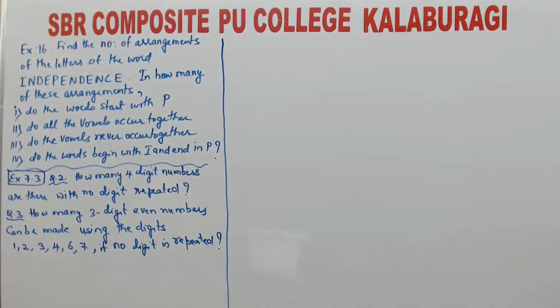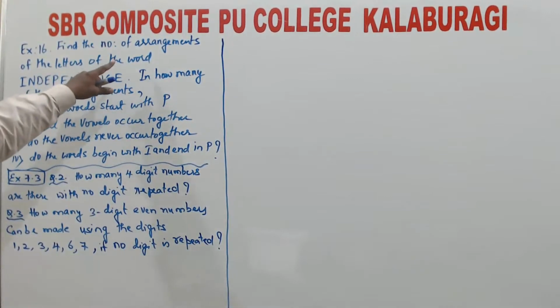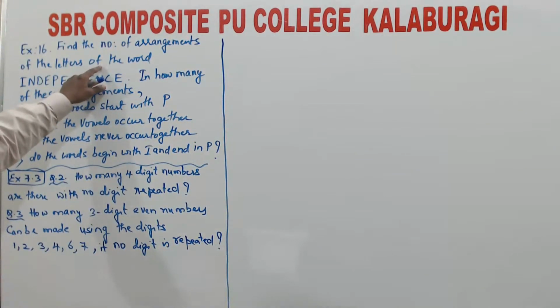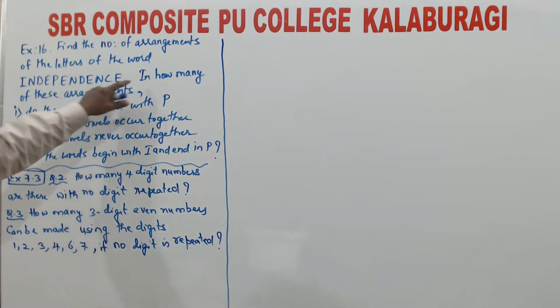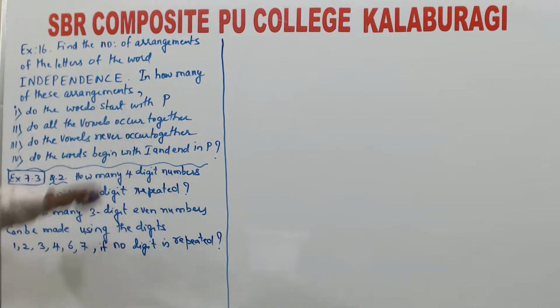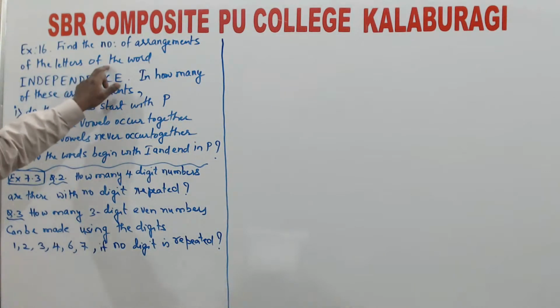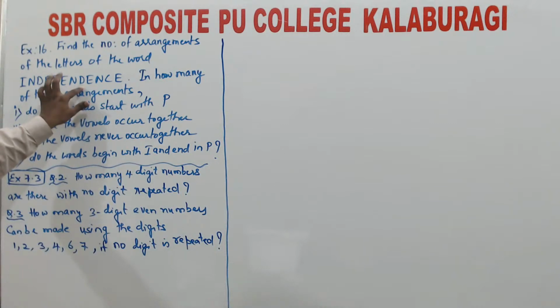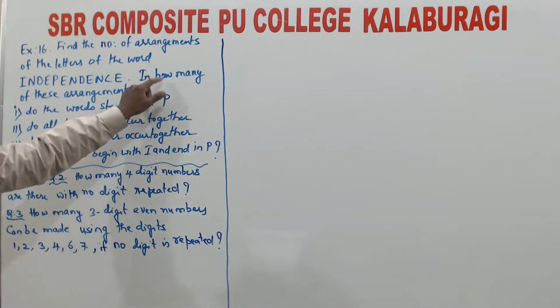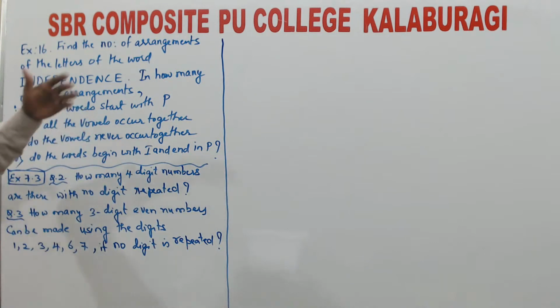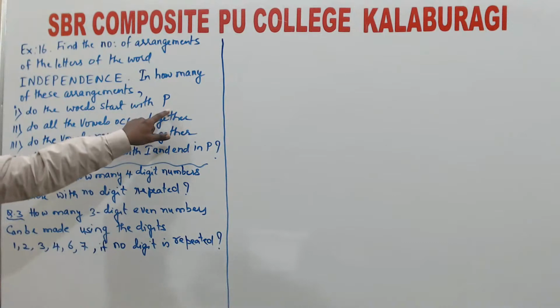The question here is: find the number of arrangements of the letters of the word INDEPENDENCE. In how many of these arrangements, first, do the words start with B?